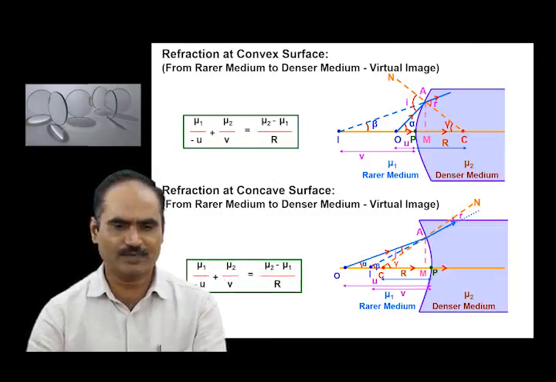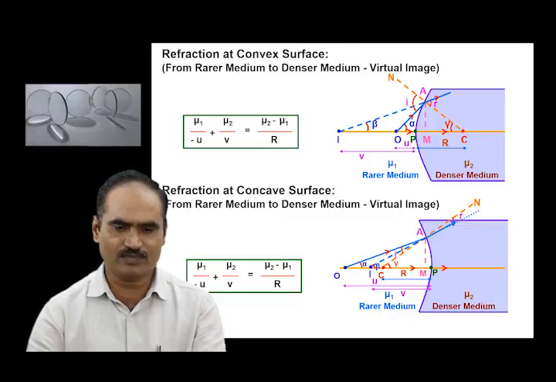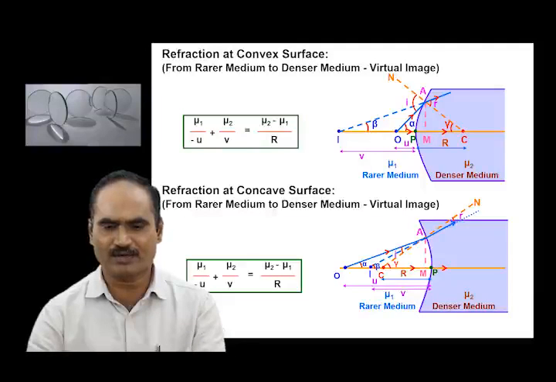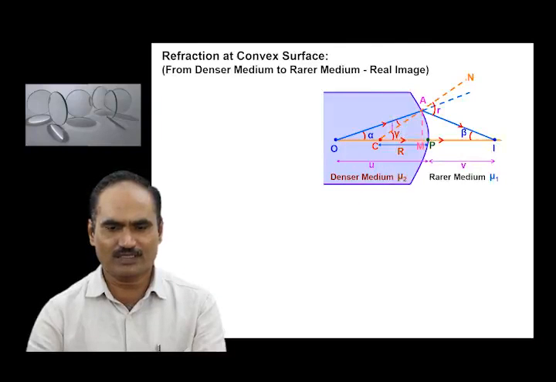What is the equation? Same equation: mu1 by minus U plus mu2 by V is equal to mu2 minus mu1 by R. Here also same thing. Right?